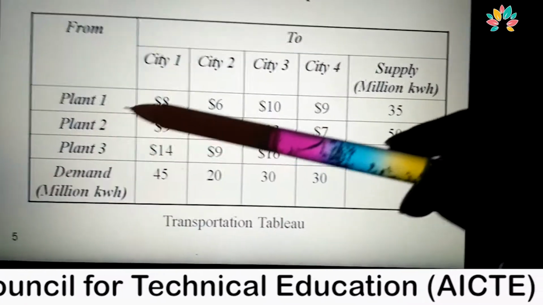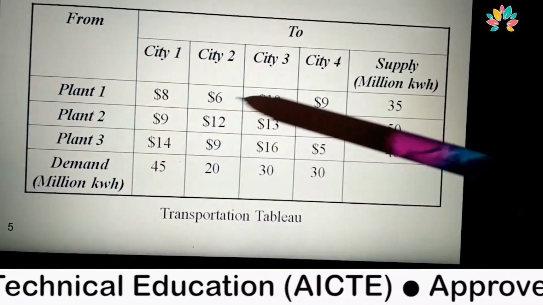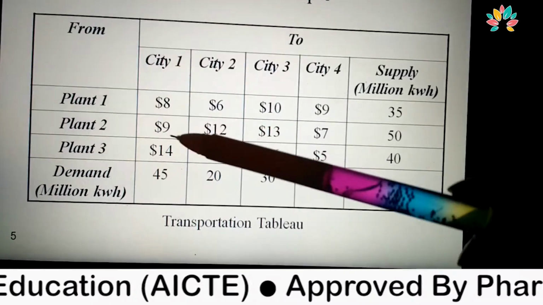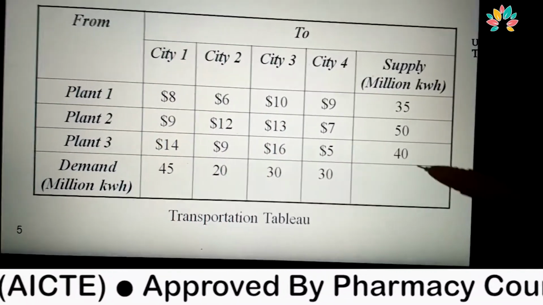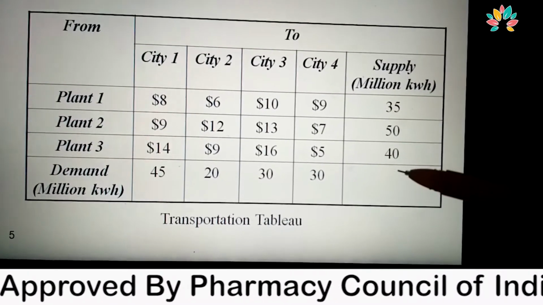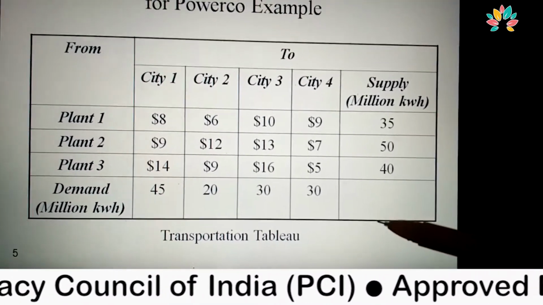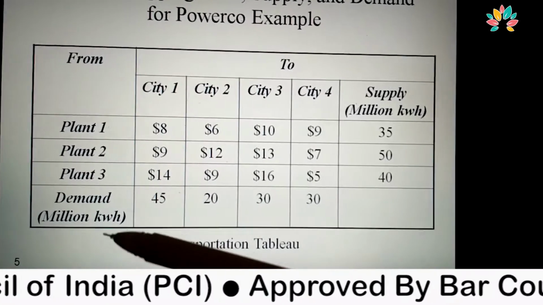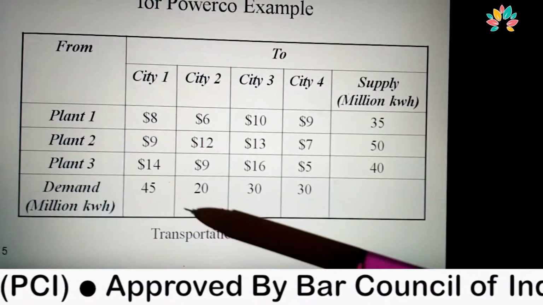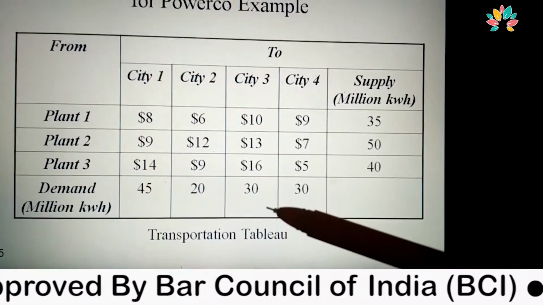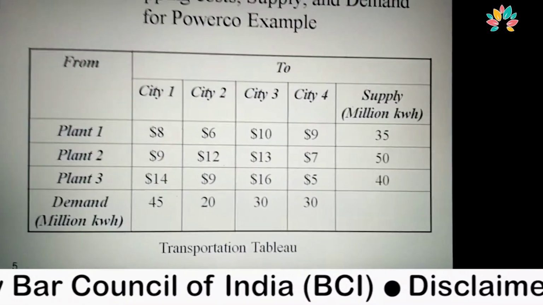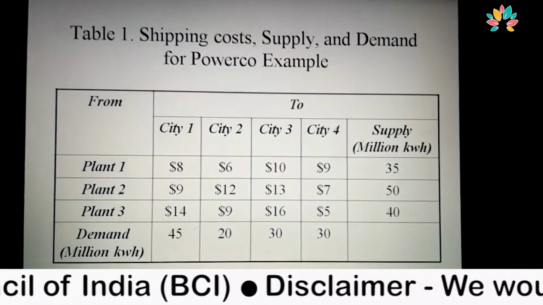Similarly, in the rows, you write the supply of plant 1, plant 2, plant 3. Here the total supply is 50 plus 40 plus 35, which is around 125. Similarly, the total demand is 45 plus 20 plus 30 plus 30, which is the same, 125, right?